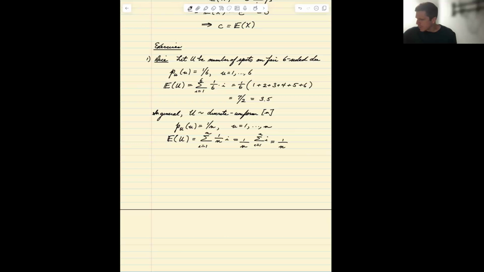The sum of the first N positive integers is N times N plus 1 over 2. Of course, the N's cancel, and what we're left with is N plus 1 over 2. In the case of 6 above, we saw it was 7 divided by 2, 6 plus 1 divided by 2.